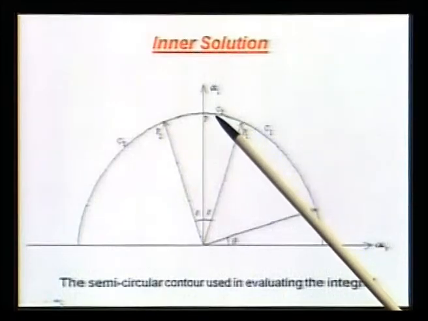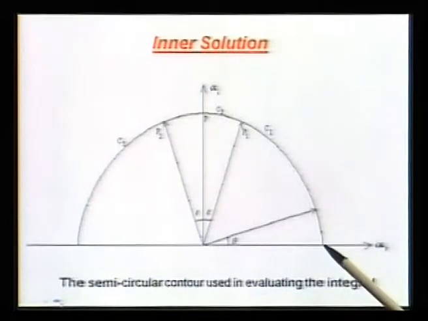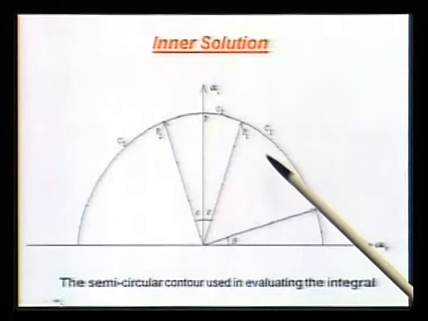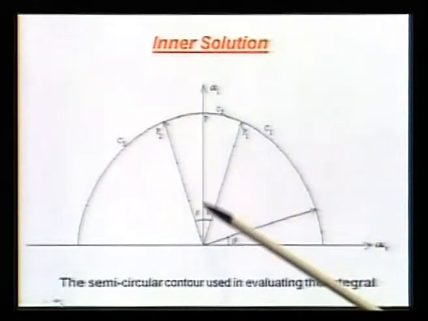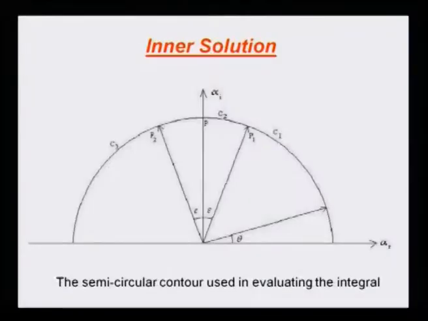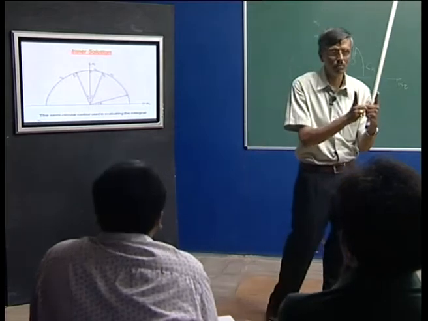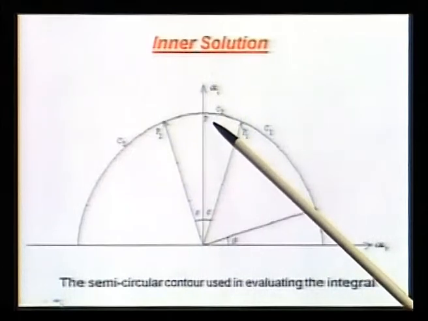So what happens is there is a kind of a discontinuity at this imaginary axis path. So to avoid that kind of a problem, what we do is fragment the semicircular arc into 3 parts. The first part is going from real axis to up to a point here. This point P1 and P2 are defined by this small angle epsilon. So in the limit, we would make this epsilon go to 0, so that this P1 and P2 will approach P.